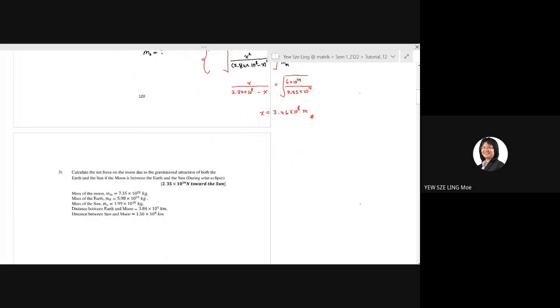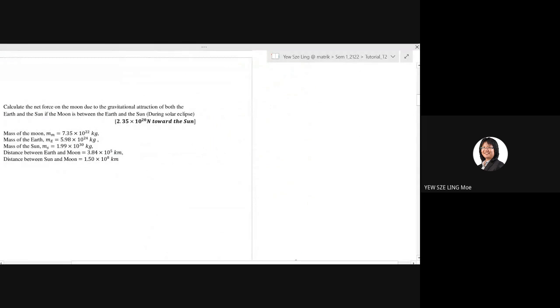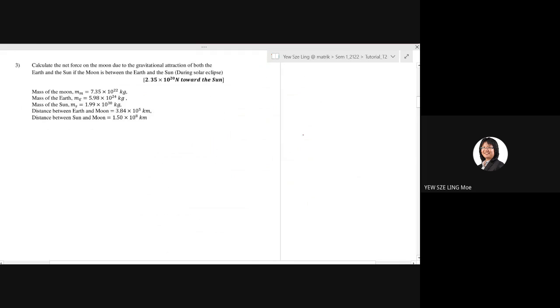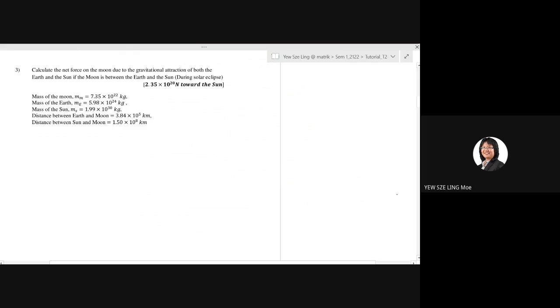Okay, so next question. This question is very similar to question number 2. Calculate the net force on the moon due to the gravitational attractions of both the Earth and the Sun, if the moon is between the Earth and the Sun during the solar eclipse.